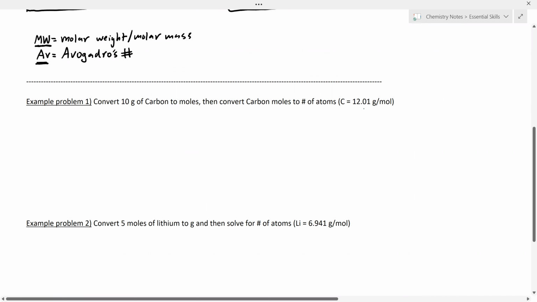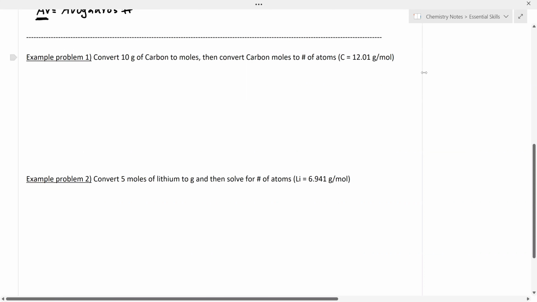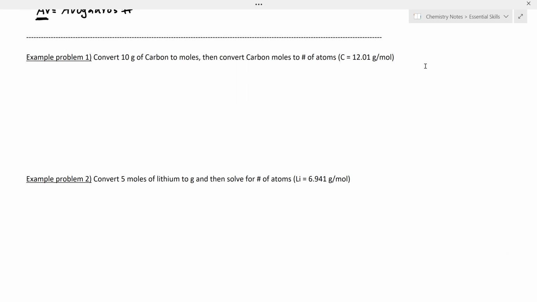I've included the molar mass of carbon and lithium, the elements we use in these problems. I chose those because they're not diatomic molecules. We can cover that in the diatomic molecule section. We don't need to cover it in the section that's specifically teaching us about converting moles, atoms, and mass. It just adds an extra complication where it's not needed. So I just picked some simple problems, made nice and easy.